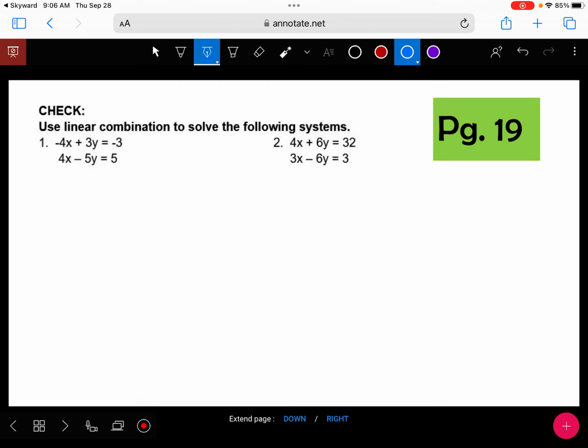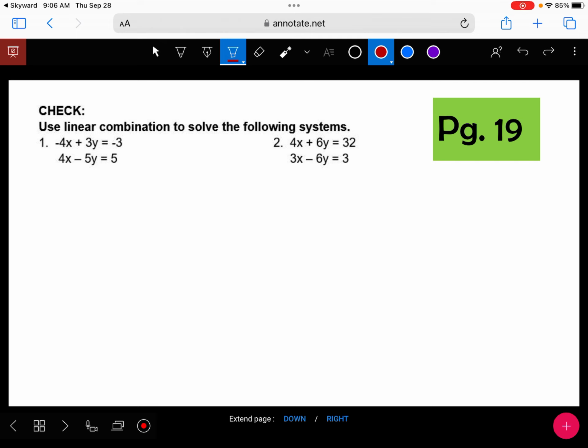So I think we're on page 19. So for these two, they're already opposite. So I'm only going to do, these two are already opposite. Go ahead and solve the first one, number 1.